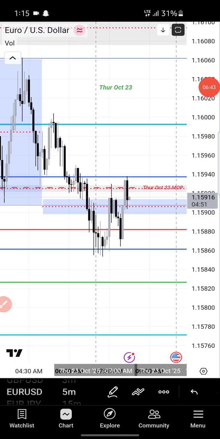Because on the 30 minutes we fully closed that fair value gap, and we had a shift in market structure on the 5 minutes, we want to flip our bias now. We are not sentimental when we see shifting market structure, when we see price changing its narrative. We don't hold on to the trade.